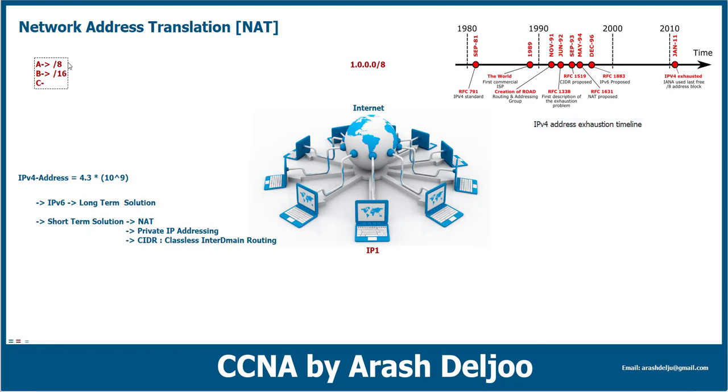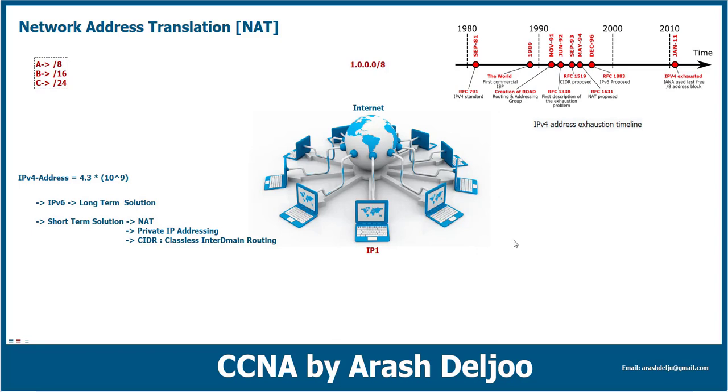And also in class C, we are using 24 bits for the network and 8 bits for the host. Because of that, when you are using 10.0.0.0/8 in one company, you can assign IP addresses to the systems in this company from 10.0.0.1 to 10.255.255.254.